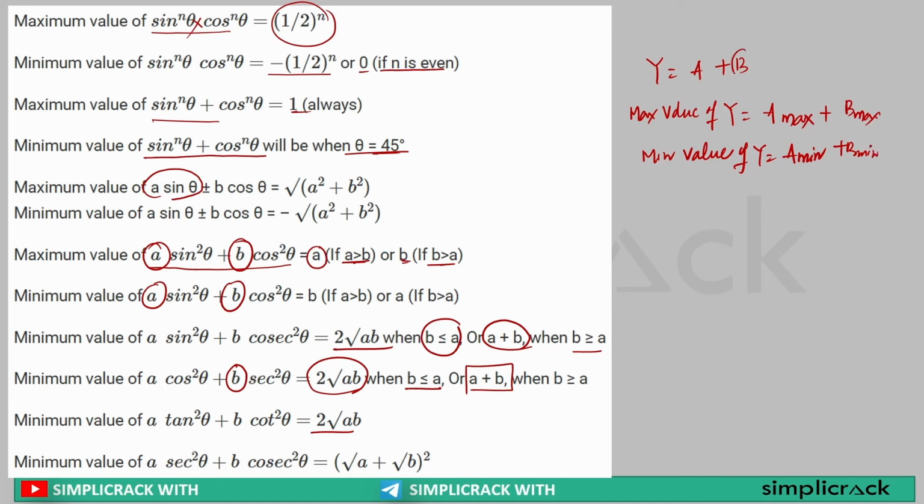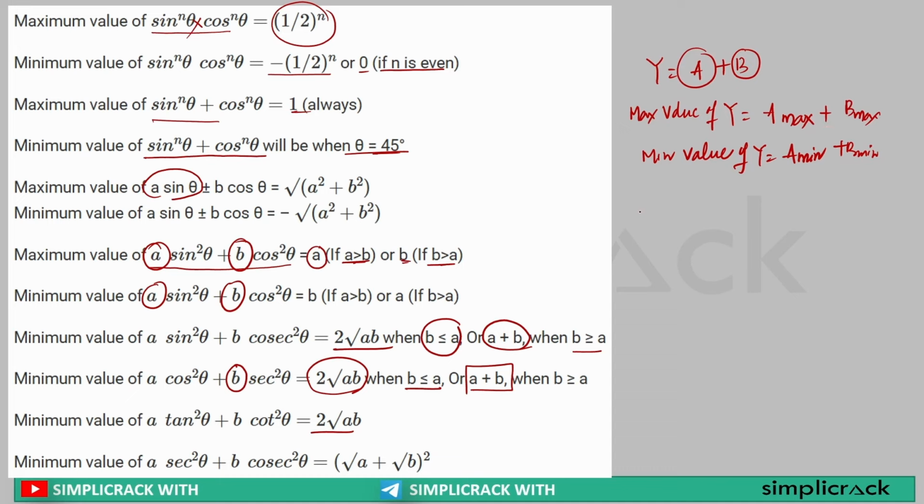Whatever the term it is, it should carry the maximum and minimum of that. Okay. In case of plus, this holds the same value. Clear? No. In case of minus, it won't be the same case.